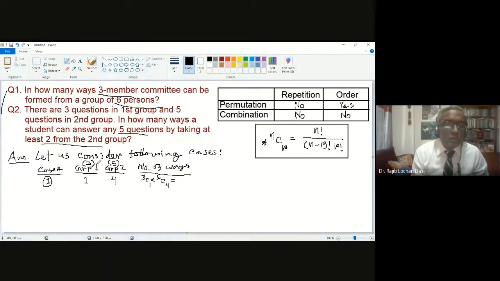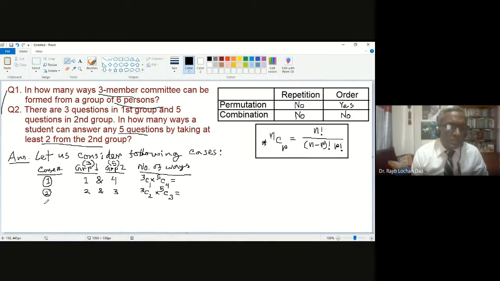Because you will choose one question from group one and 4 questions from group 2. It is and, it is not or, because the student will answer 5 questions together. So 1 from here and 4 from here, so altogether 5. So this is possible. And the second case is 2 questions from group 1 and 3 questions from group 2. So it will be 3C2 into 5C3. That is the second choice.